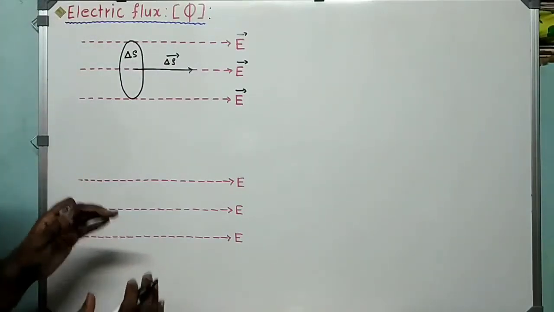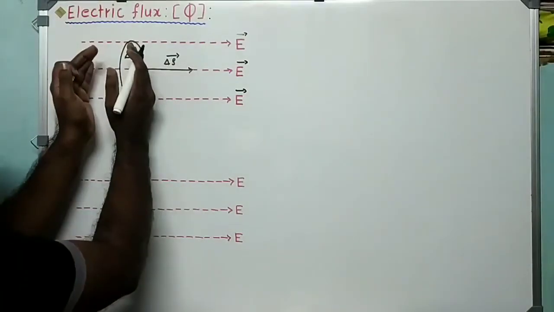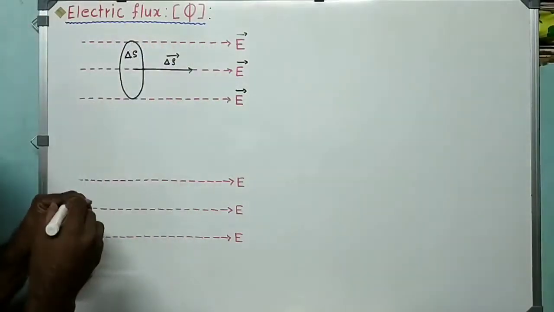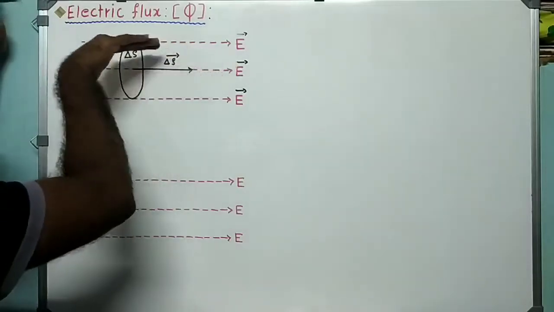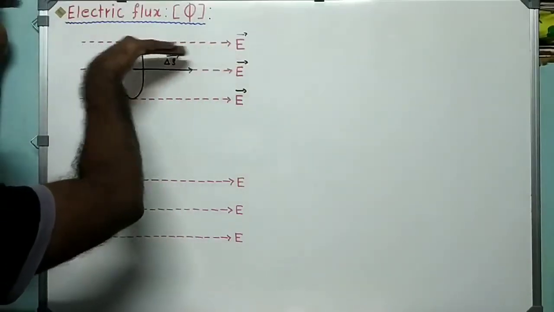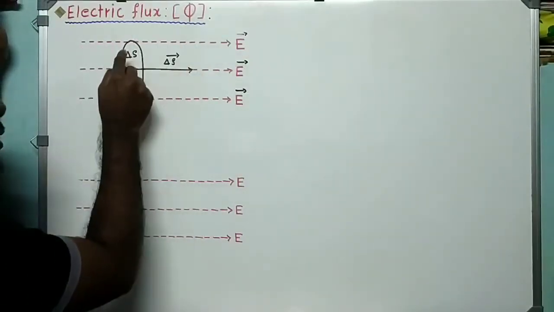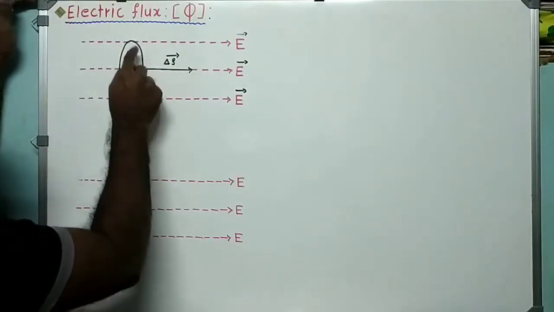Electric flux means when you place any surface in the region of electric field, then how many electric field lines are passing normally through each unit area of this surface. That gives electric flux.